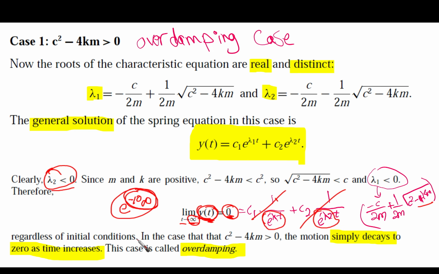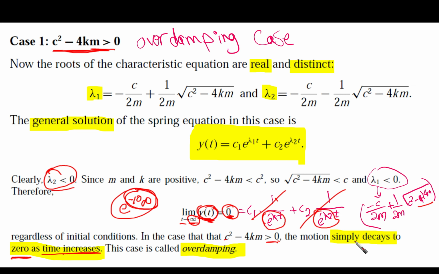Regardless of the initial condition, in the case that c squared minus 4km is larger than 0, which is the overdamping case here, the motion simply decays to 0 as time increases. This is what we want to say.